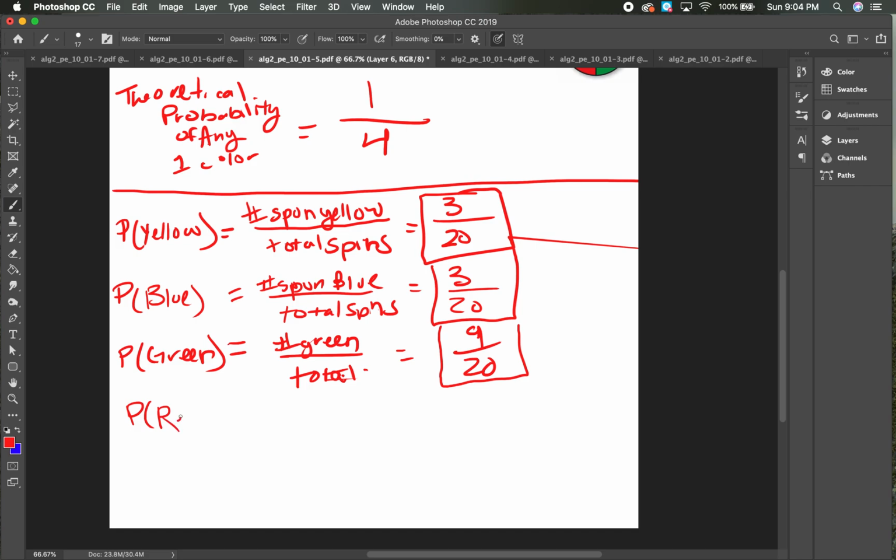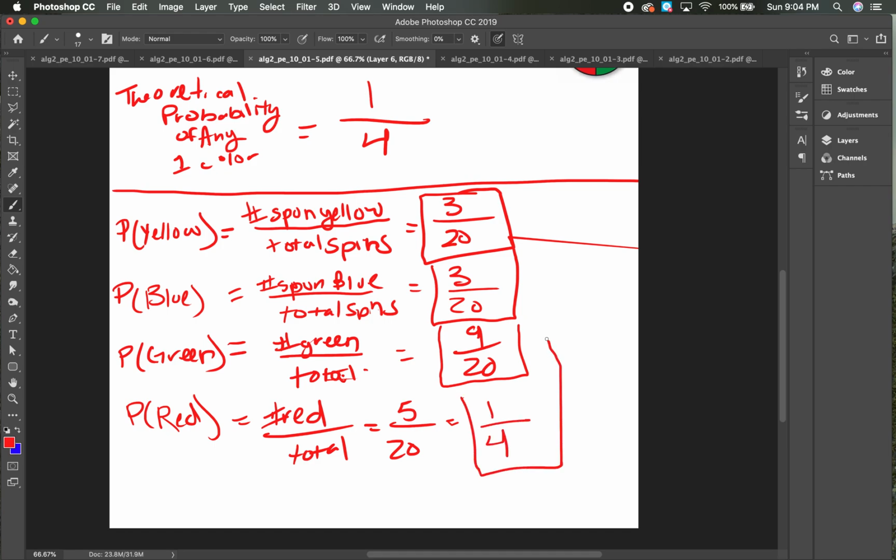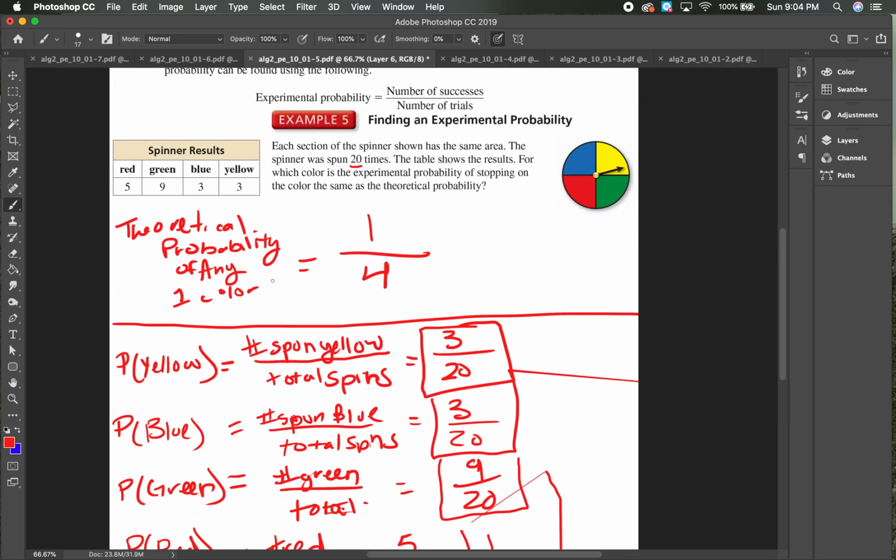Probability of red is equal to 5 over 20, which is equal to 1/4. Alright, so this means that which color is the experimental probability the same as theoretical?